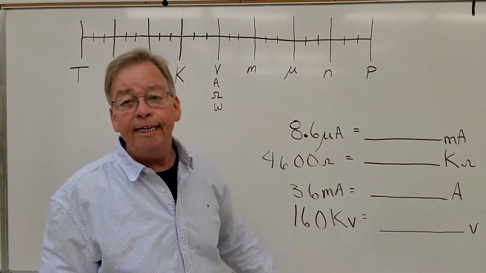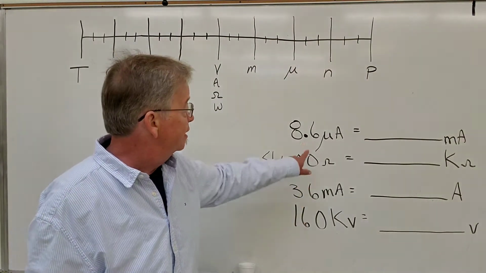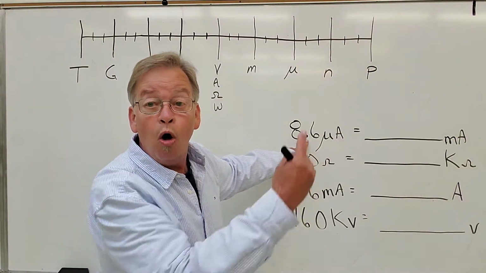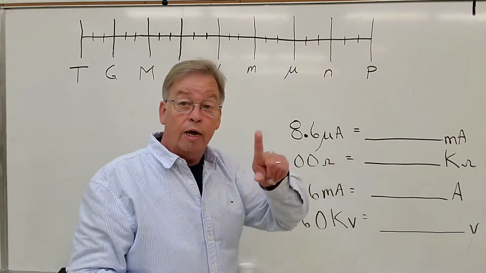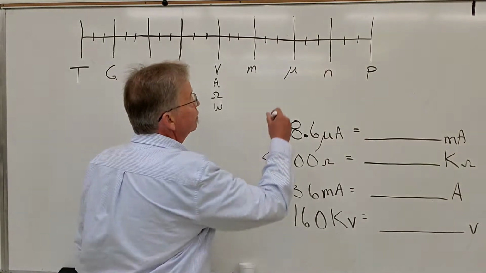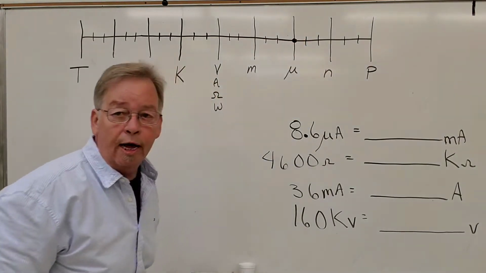So I see a decimal point in this value, and what I have to realize is that decimal point is actually sitting on the number line on the micro spot, okay? So that means that this decimal point is sitting right here on my number line.